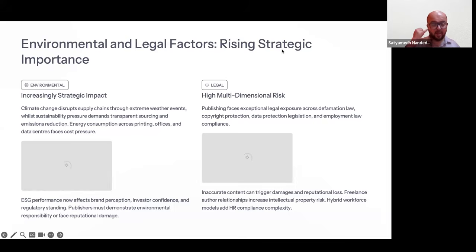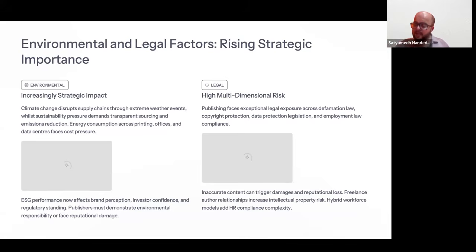Investor confidence, brand perception, regulatory standing, all of these get affected. Publishers must demonstrate environmental responsibility, otherwise the young population that you are dealing with will definitely say, we don't want to associate with this brand because they are using animal fat in their products.